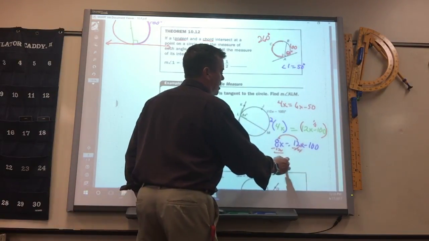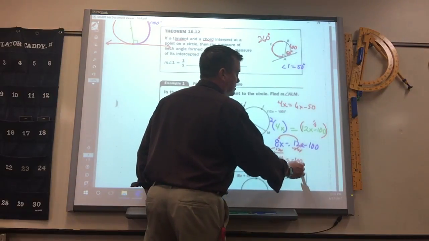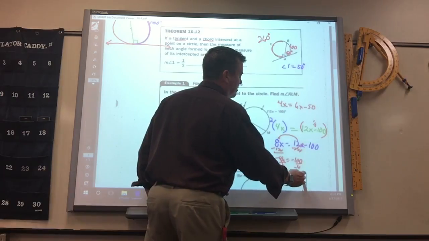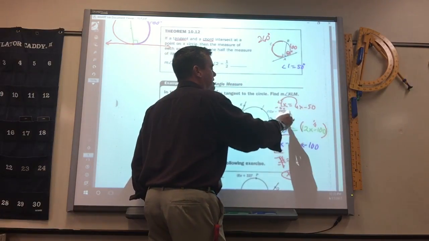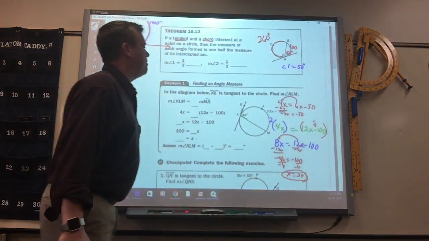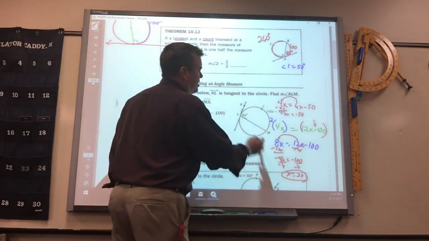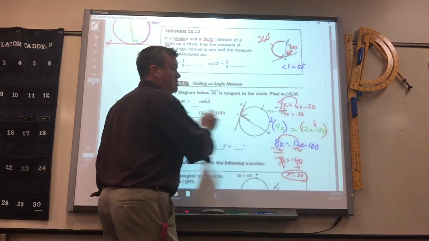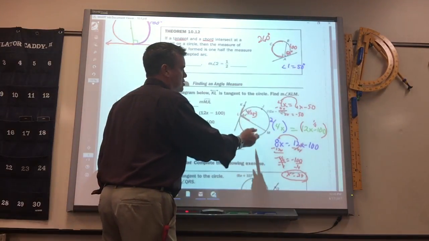So you get negative 4x equals negative 100. So x is 25. Here you get the same thing. Subtract 6x, you get negative 2x equals negative 50. So you get 25. But now remember, they want what the actual angle is. So then 25. So it's 100.